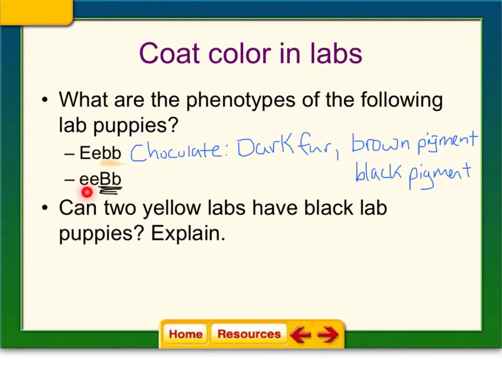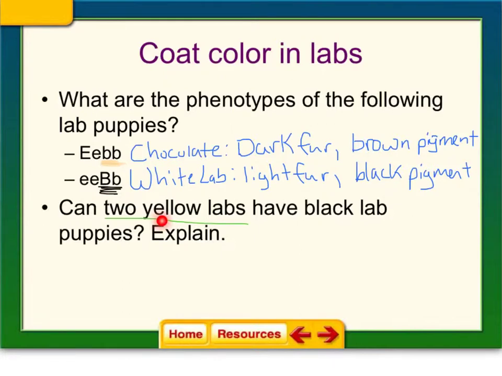But it has a little e for the epistatic gene, which means light fur. Having black pigment and light fur means that you're going to have a black nose, white fur, which means it's a white lab.